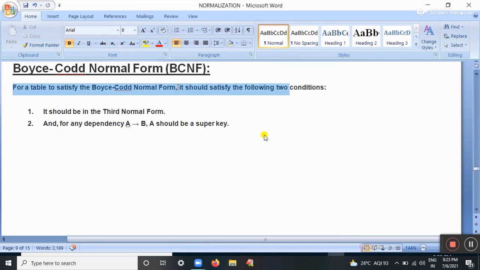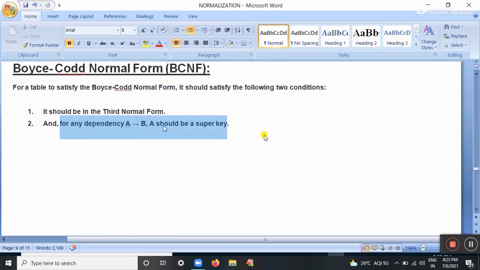One is that your table should be in the third normal form, which means it should not contain transitive dependency problems. Second, for any dependency A to B, A should be a super key; if B to A, then B should be a super key.